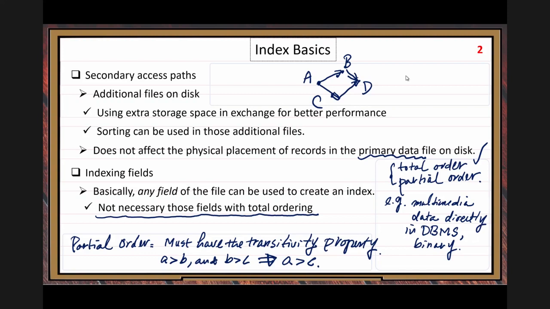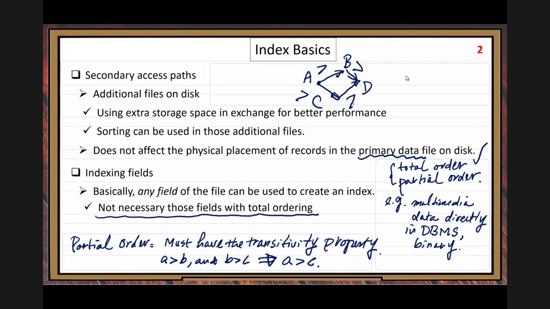We can define A greater than B if there is an edge from A to B. If there is an edge from B to D, then B is greater than D. Because there is an edge from A to C, A is greater than C. There is an edge from C to D, so C is greater than D.